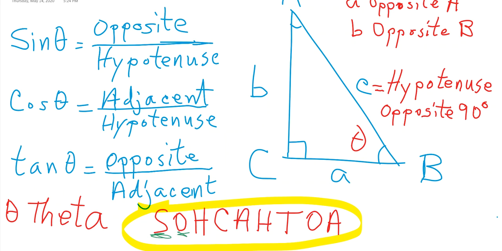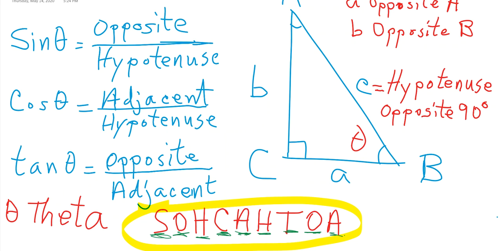Sine is opposite over hypotenuse. Cosine is adjacent over hypotenuse. And tangent is opposite over adjacent. This is a little saying, a mnemonic if you like, that helps us to remember the ratios.